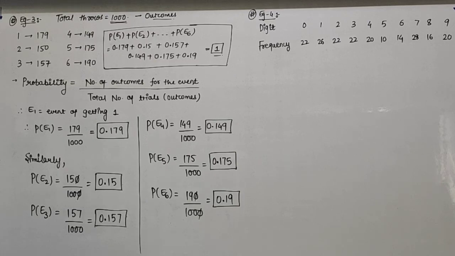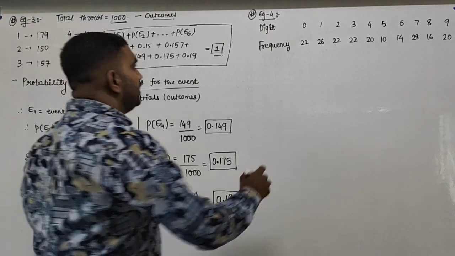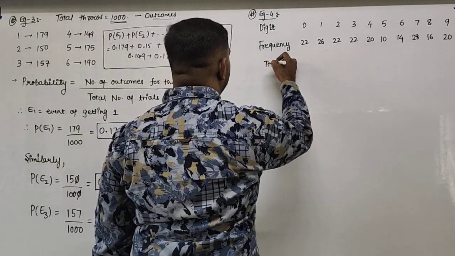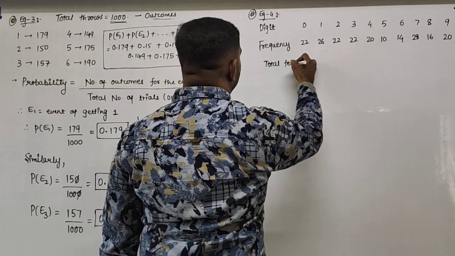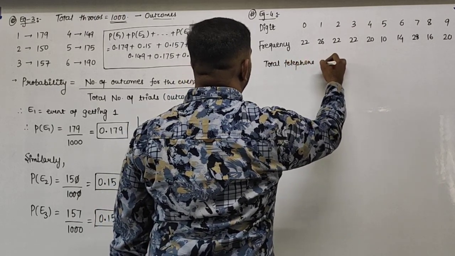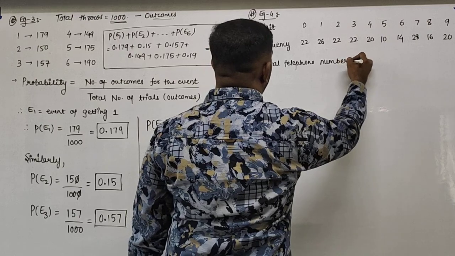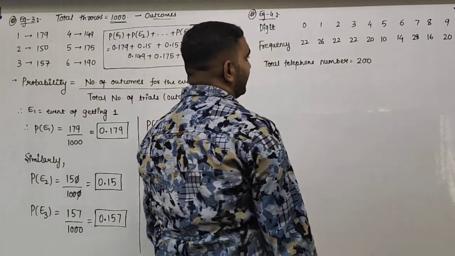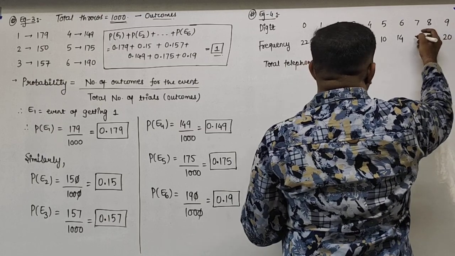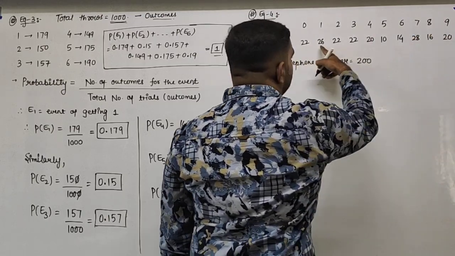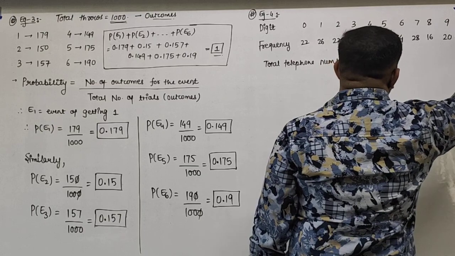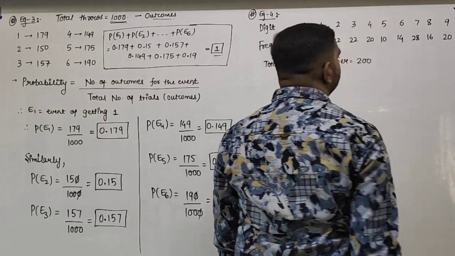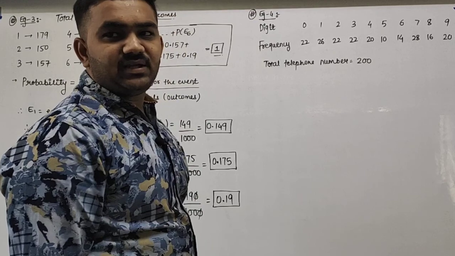What is the probability that the digit in its units place is 6? For that, first of all, how many are given? 200 telephone numbers. Here the total telephone numbers are given as 200. If you do not trust it, add all the frequencies and check. You will get 200 here. Right? That is something you can add.